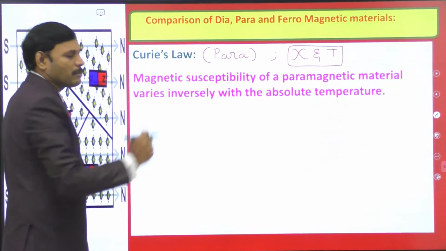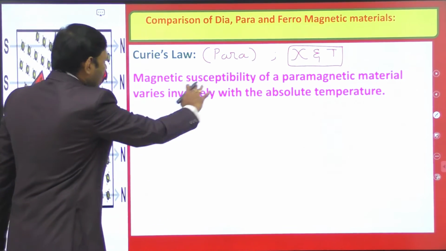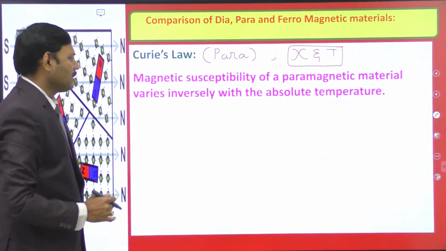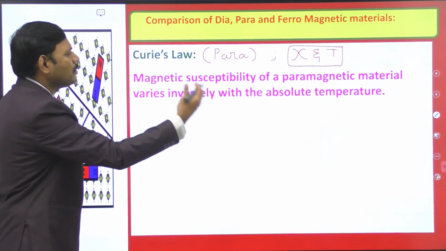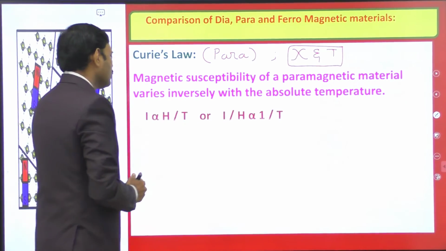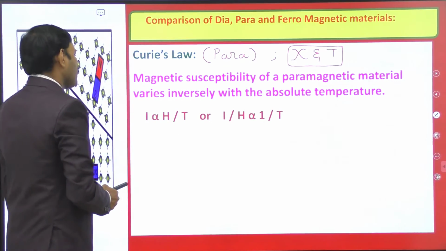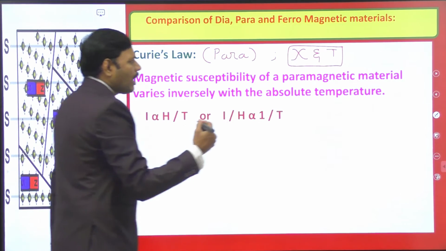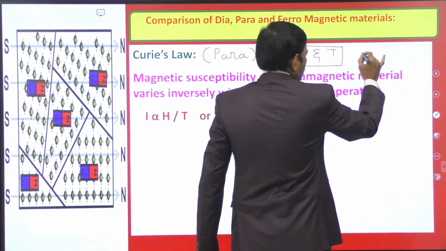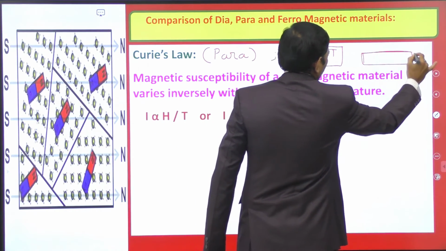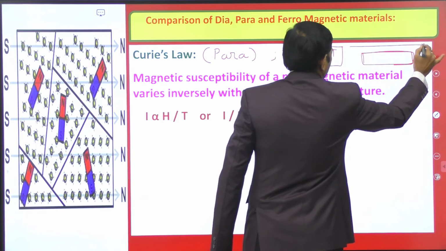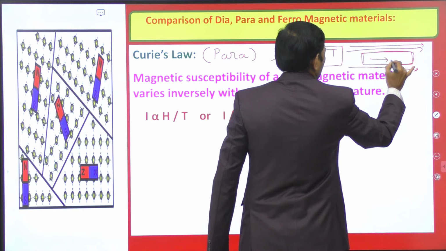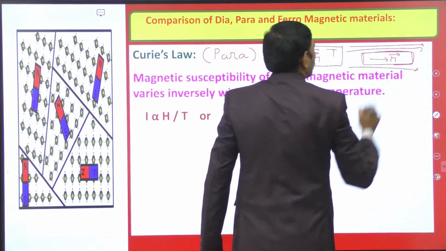So let us come to the statement of Curie's law. Magnetic susceptibility, that is chi, of a paramagnetic material varies inversely with absolute temperature. Very simple relation. So we know that I is proportional to H. If you have a paramagnetic substance, let us consider a paramagnetic substance and apply an external magnetic field to it, then magnetic moment is partially developed along the direction.